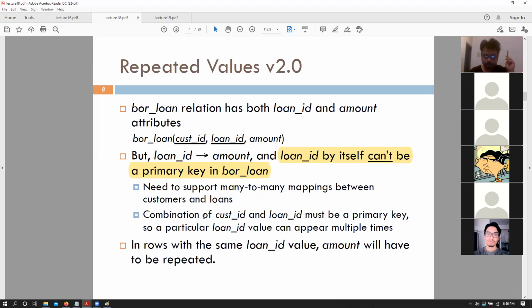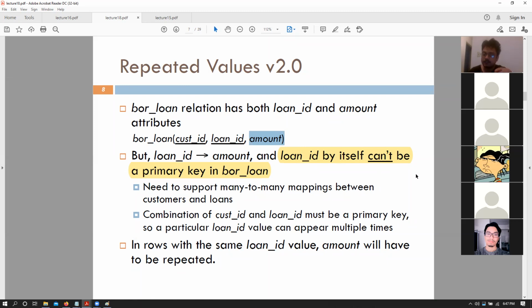Okay. So for borrowed loan that we had designed earlier, this was nicer because it allowed us fewer joins, because now instead of joining two tables, we could have directly queried the amount from the table itself. But this is not an efficient table because updating amount requires updating it multiple times.